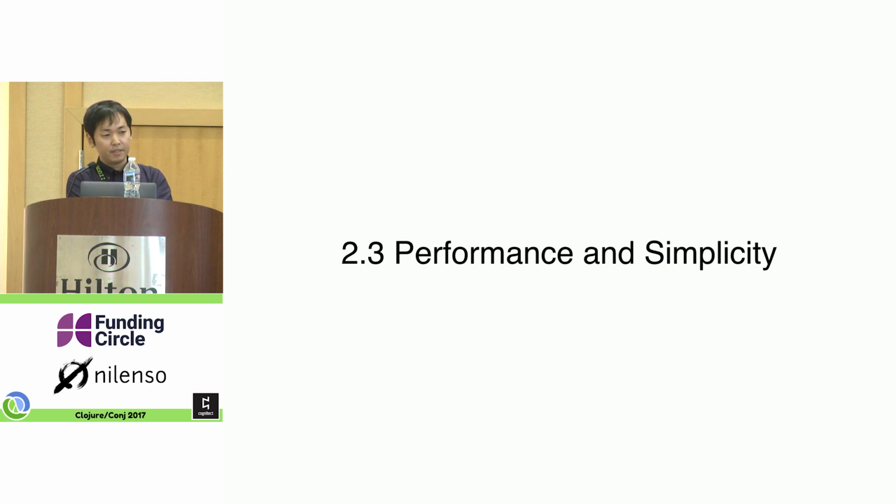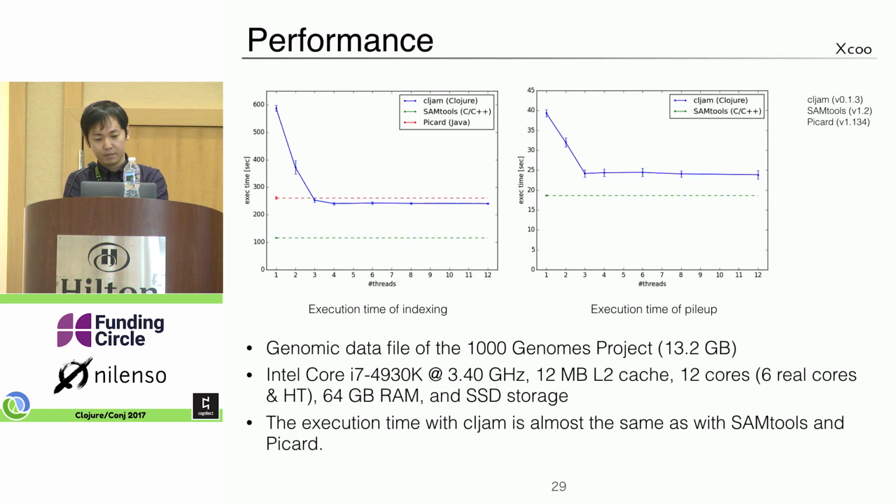Then let's see the actual performance and simplicity of our code. These are execution times as we change the number of threads. The left chart is one indexing process, and the right is one of the pileup processes. Though I will not explain the details of the processes, there are such processes in genomic analysis.